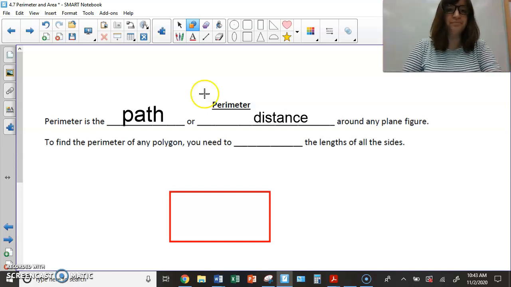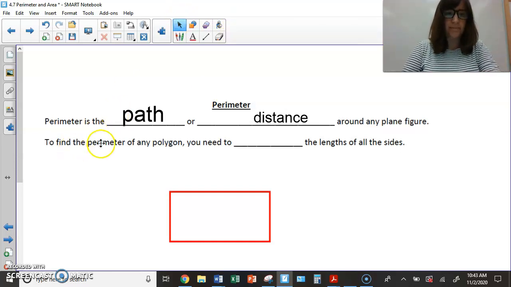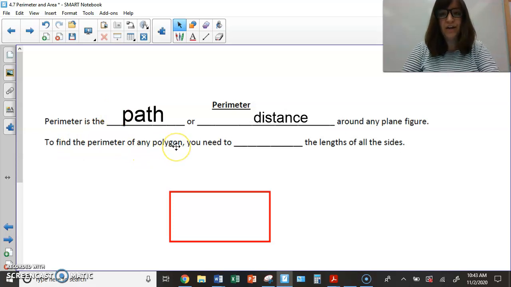That's the perimeter. To find the perimeter of any polygon, remember, a polygon is a closed figure, so it can't have any openings, okay? This one doesn't. It can't have any curved sides, which is good. This one doesn't, so circles or things like that wouldn't work.